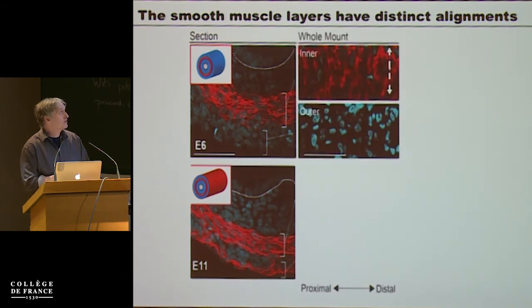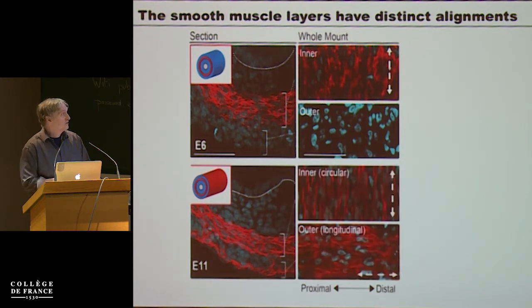If you do that at an early stage, when there's only one layer, you can see that they're oriented in this direction, circumferential. And at a later stage, the inner layer is circumferential, and the outer layer is forming perpendicular to it in a longitudinal direction.